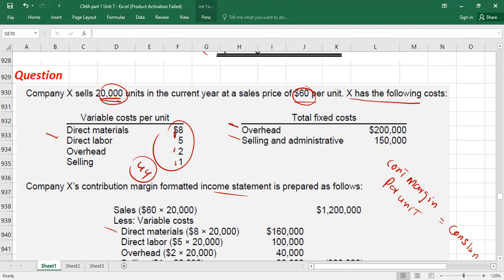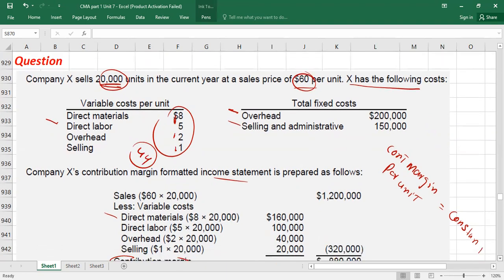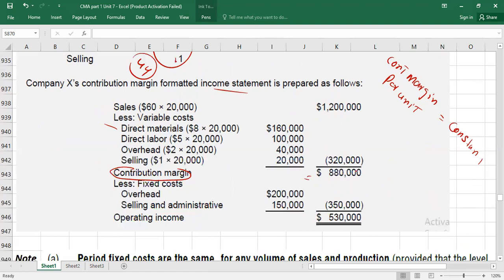Sometimes you can also calculate it this way: take total contribution, which is 880,000, divided by the number of units, 20,000. How much is it?